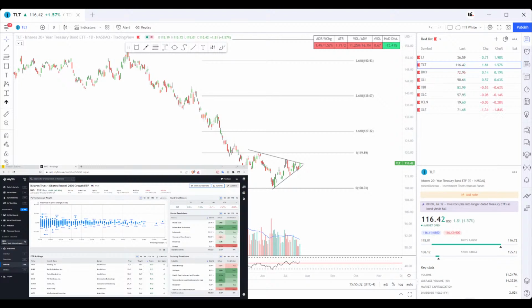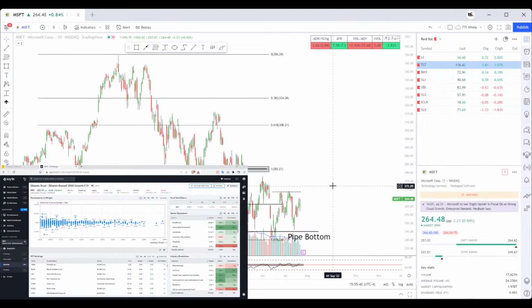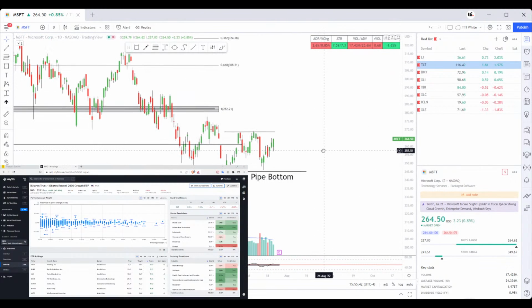Hano says he's looking at Microsoft, looks good for reversal, about to test resistance. He's looking for a 285, 290 call debit spread for September. Mike, since you've been watching Microsoft, do you have anything to add there?